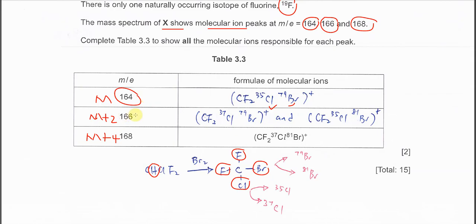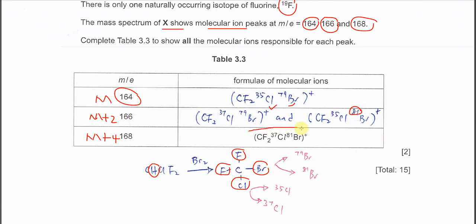If it's 166, it's telling us one of the isotopes is heavier. Let's say it's CF2 chlorine 37 with bromine 79, or it can be chlorine 35 with bromine 81, the heavier one. So these two will give the m/e 166.